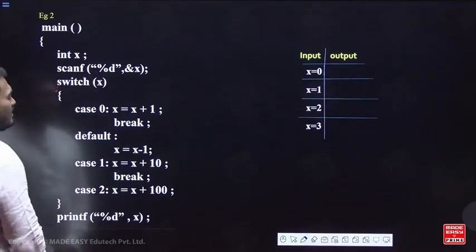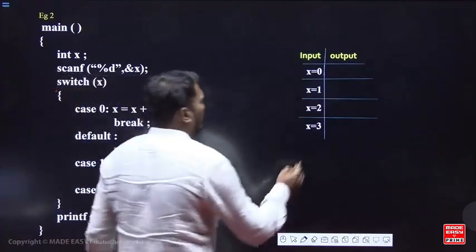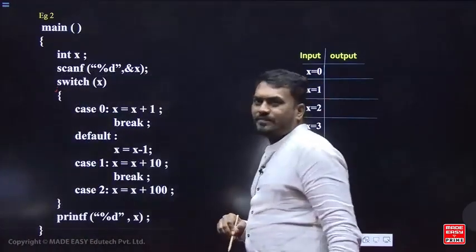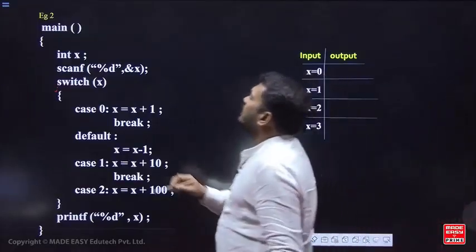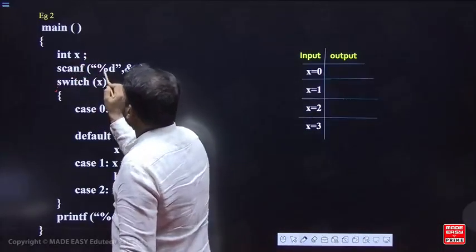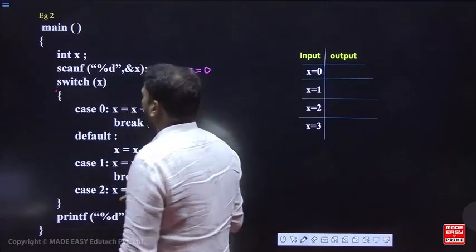Now understand here. Let's try to solve this. Okay, I think all of you copied. So no need to solve. Anyway, I am going to explain this. If I give x equal to 0, what is the output you get? Look here: integer x, scanf %ld &x.